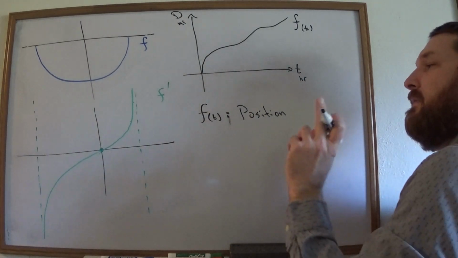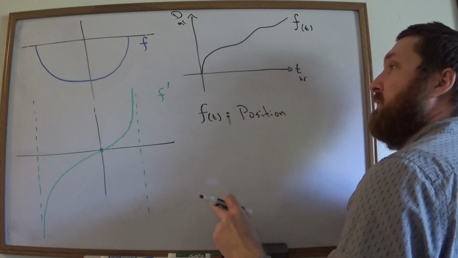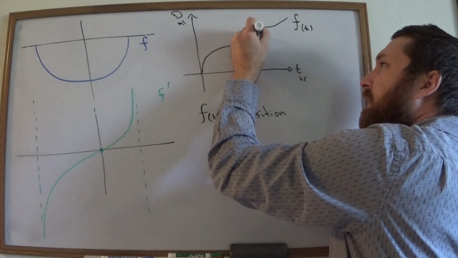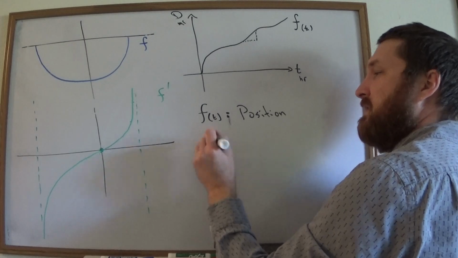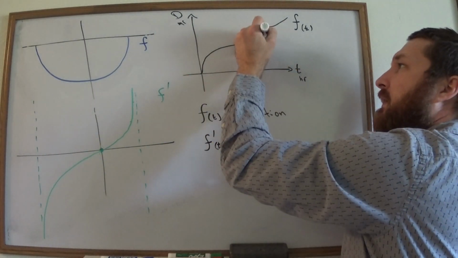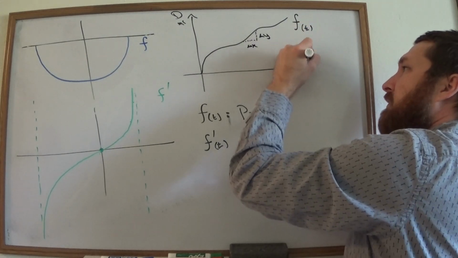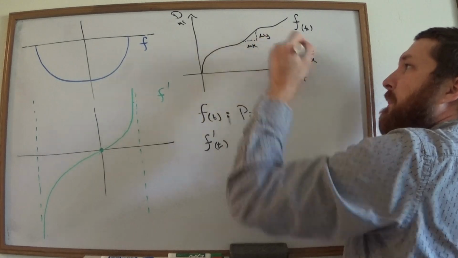So if you have a graph that's position as a function of time, then its derivative, we said, f prime of t, which is its slope at any point, our change in y over our change in x, delta y over delta x, would be your f prime.